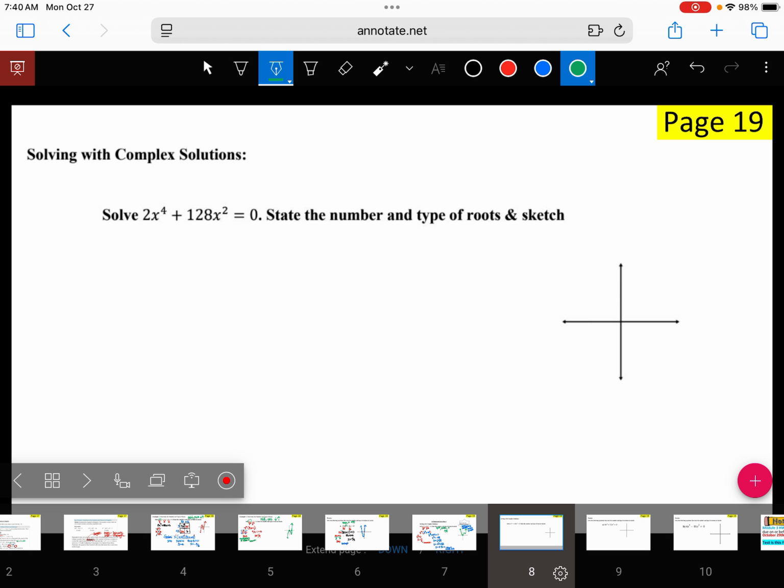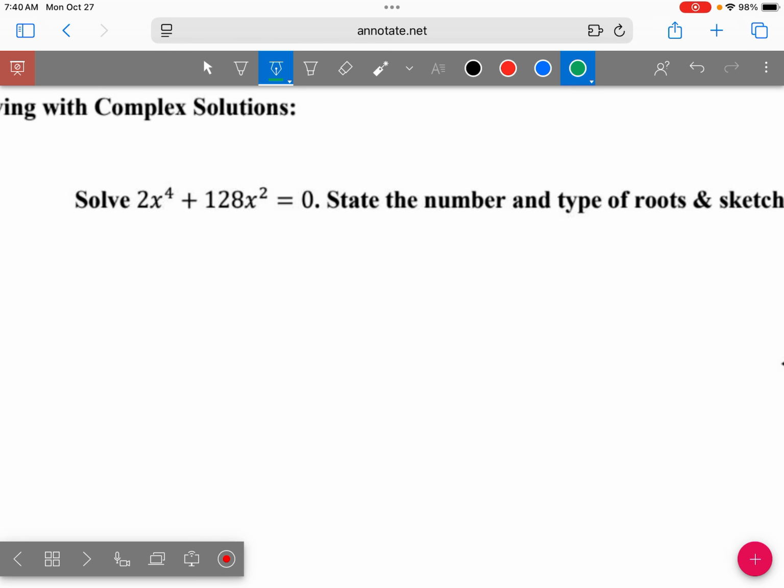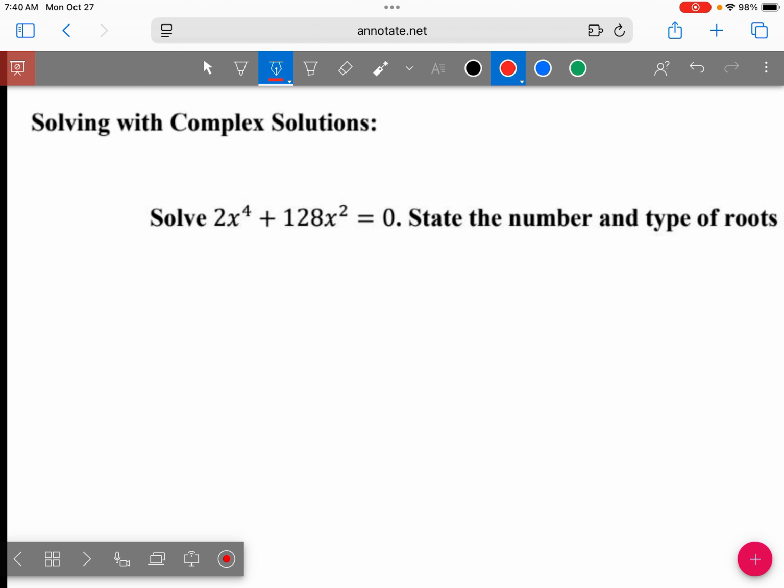Go ahead, take out your GCF. What do you think our GCF would be? 2, and what else? X squared. Good job. 2x squared. Go ahead and divide both of these by 2x squared. This is another even positive. So that means we got 2 arrows pointing up.